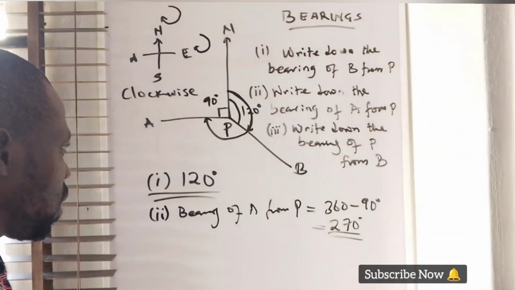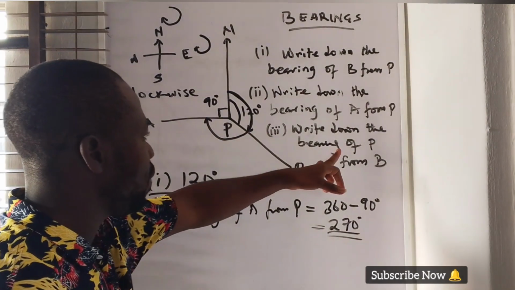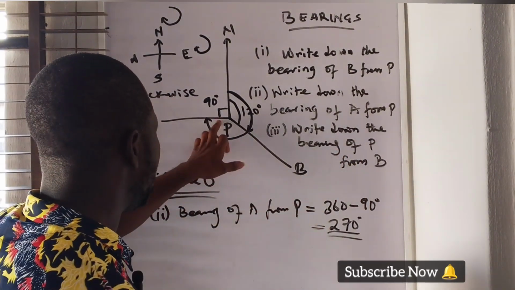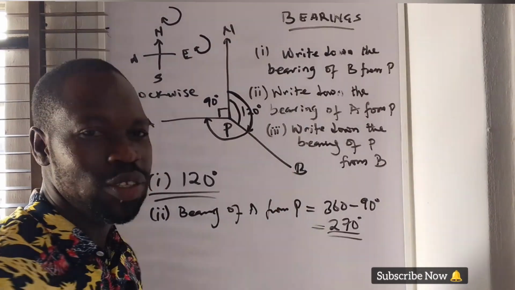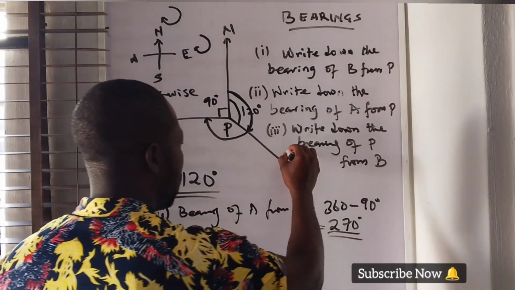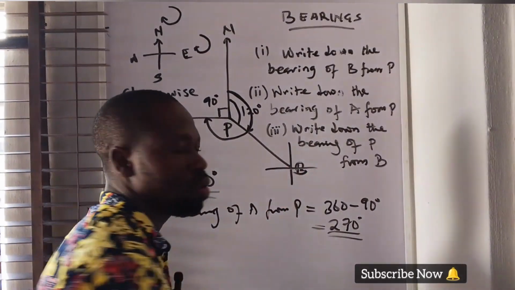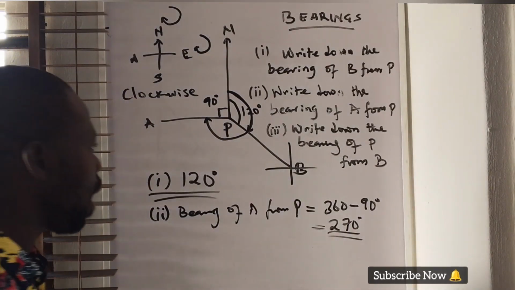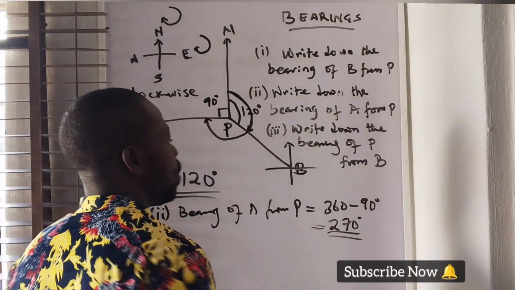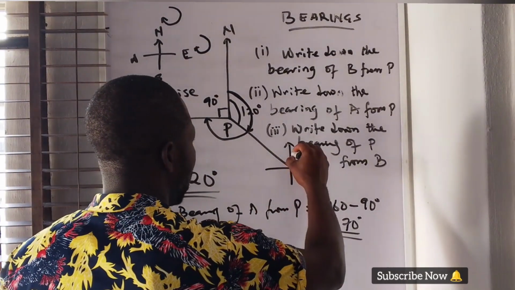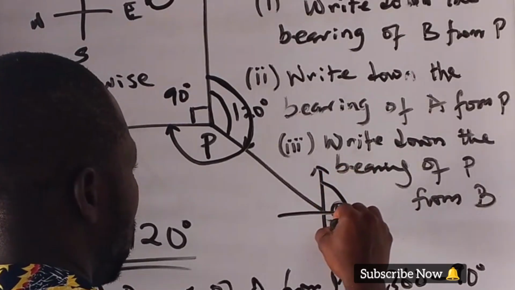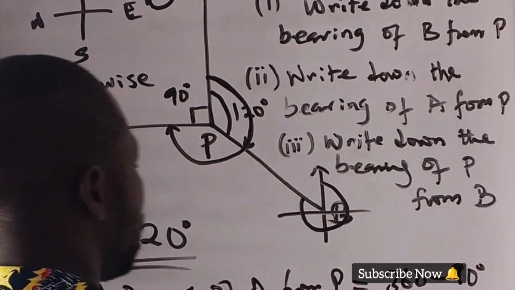Now, the third question, which is going to be our last question, says write down the bearing of P from B. This is P from B right here. To get the bearing at point B, we're going to be using the cardinal point to get our point there. So always starting from the north, we're going to go all the way from the north until we get to this point.